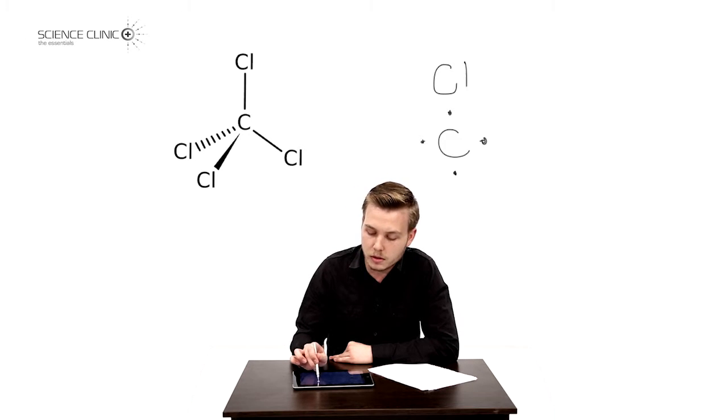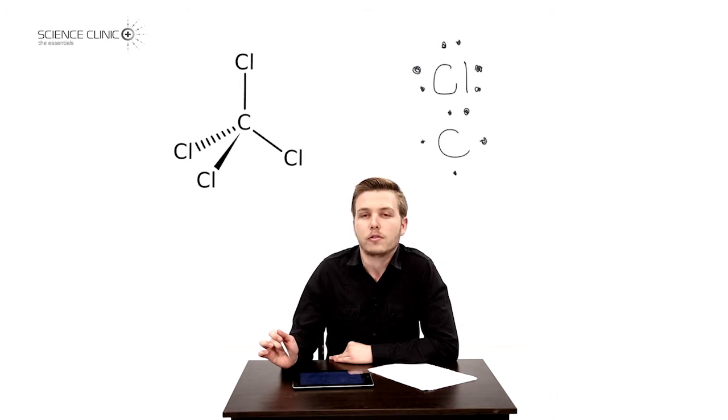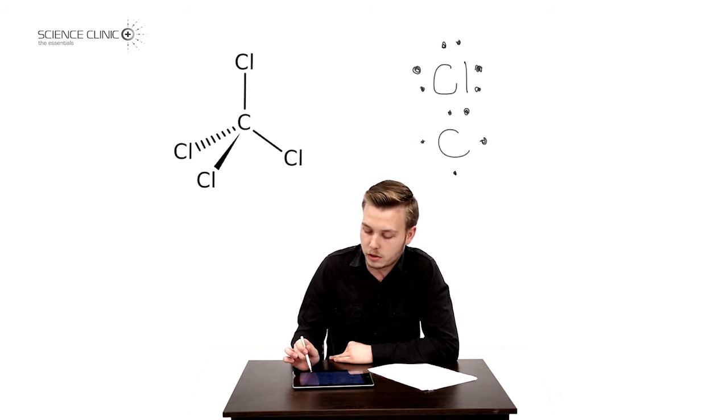So our chlorine has 1, 2, 3, 4, 5, 6, and its 7th one forming a bond with carbon's 1 electron. Another chlorine here, 1, 2, 3, 4, 5, 6, and its 7th one. Let's just make that more visible.